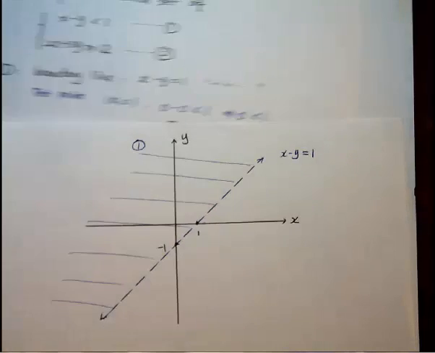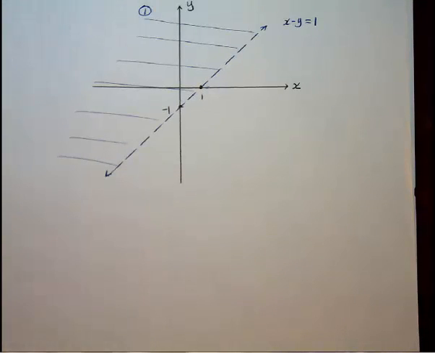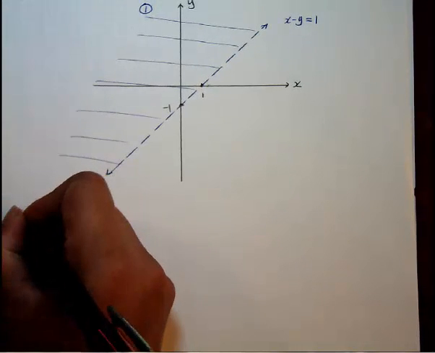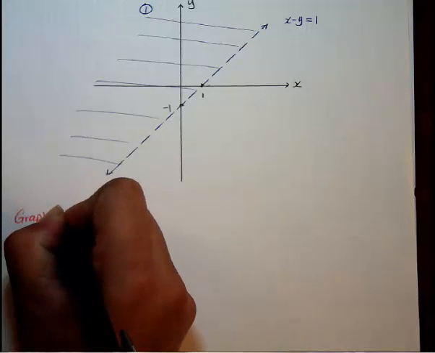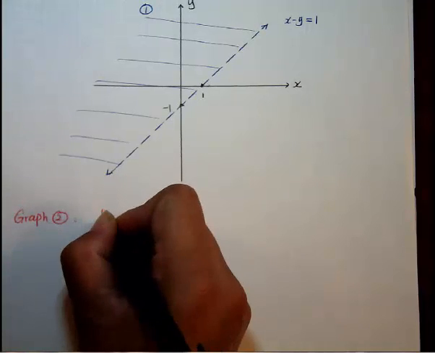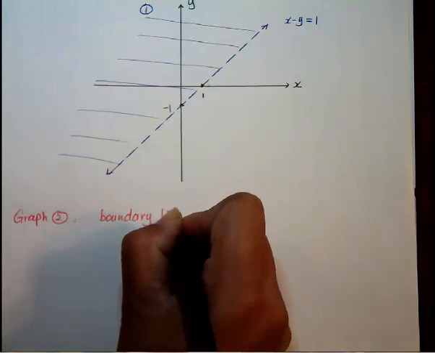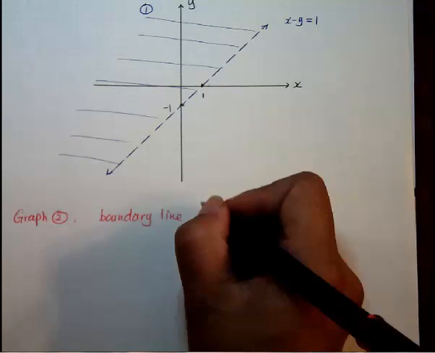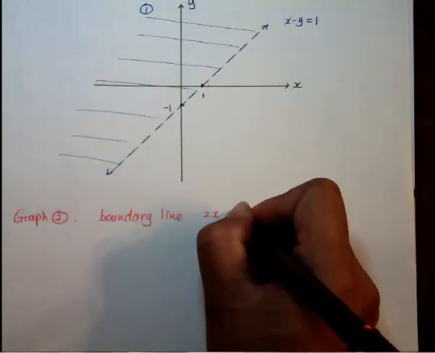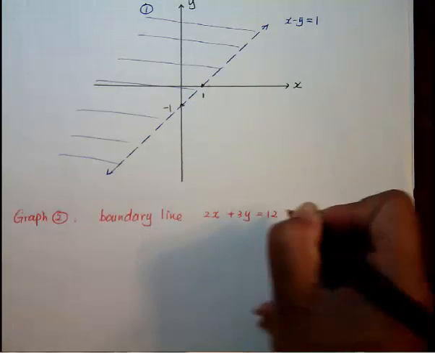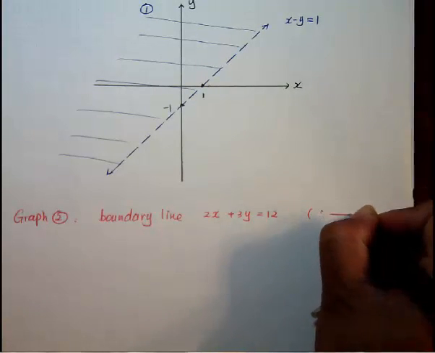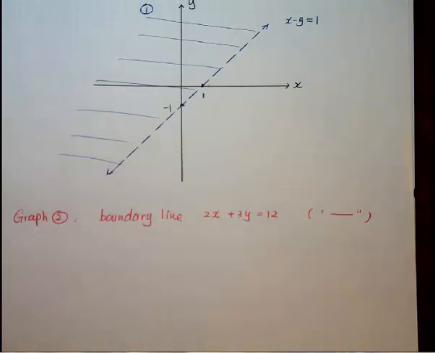And I'm going to graph the second inequality, again starting from the boundary line. The boundary line is 2x plus 3y equals 12, and this is a solid line because the inequality contains the equal sign.